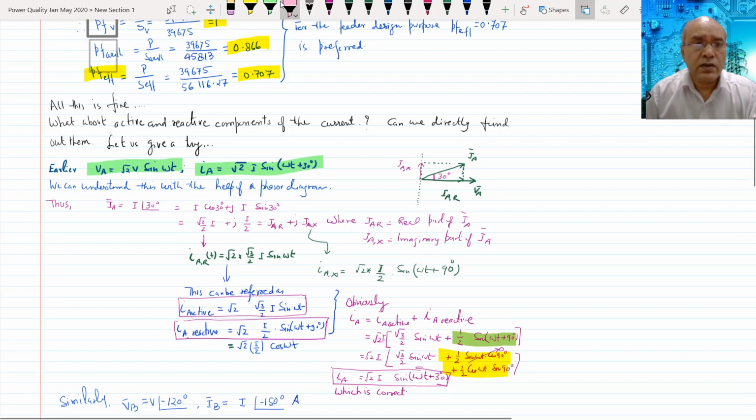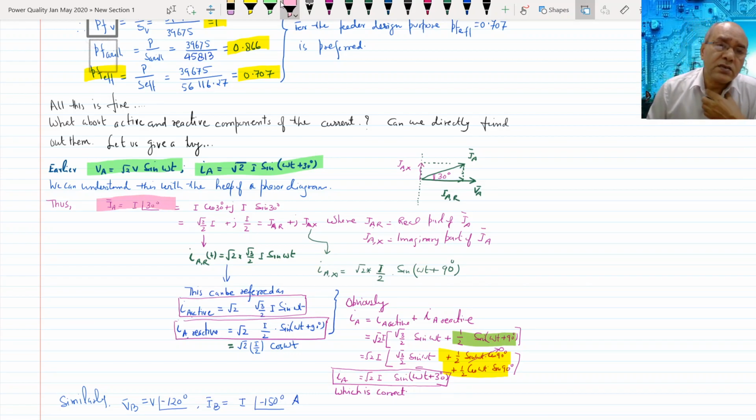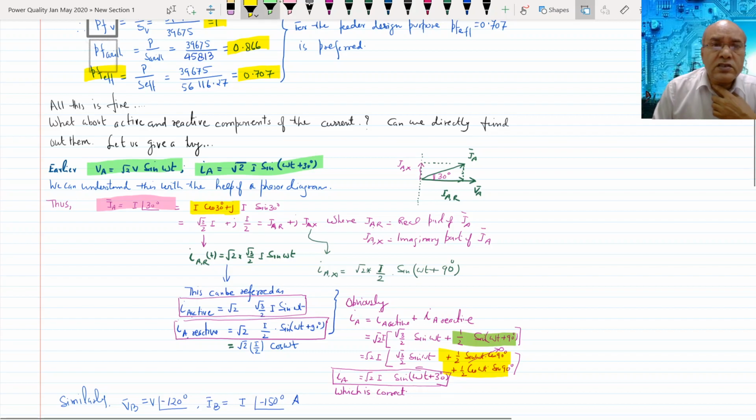This is the current phasor. So it has two parts, one is the real part, another is the imaginary part, which makes root 3 by 2 I plus j I by 2. So obviously the real part I will denote by the term IAR and the imaginary part by IAX. X for imaginary and R for real.